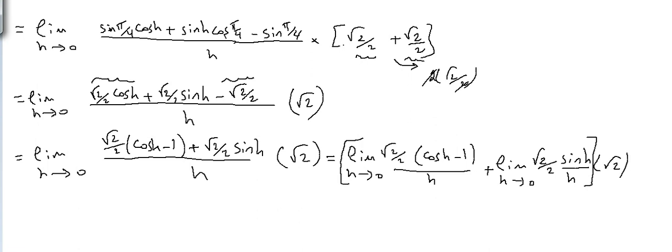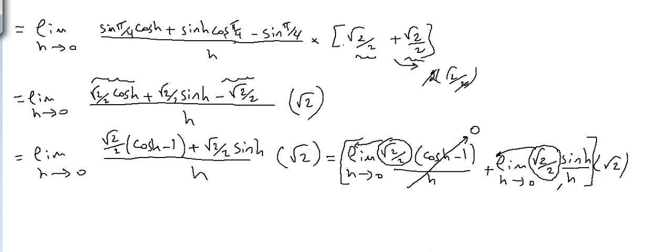In a fast way, this radical 2 over 2, we can put outside because it's a constant number, right? Before the limit. And this radical 2 over 2 also, you can put it outside before the limit. This one here, cosine h minus 1 over h as h approaches 0, we took it as a property, so it's equal to 0.